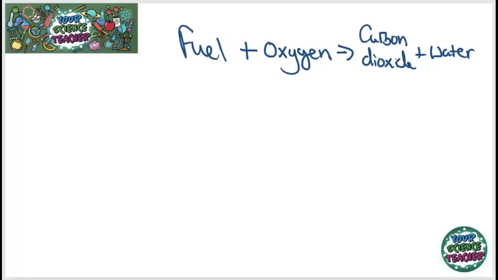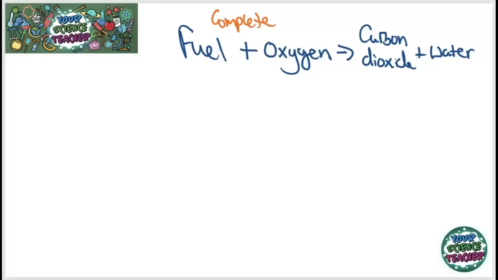One of the main uses of hydrocarbons is to burn them, and the reason why we do this is in order to create electricity. We often use this in power stations, natural gas and coal power stations, which burn fossil fuels in order to generate our electricity. Now, if I get complete combustion, then I end up with the products of carbon dioxide and water.